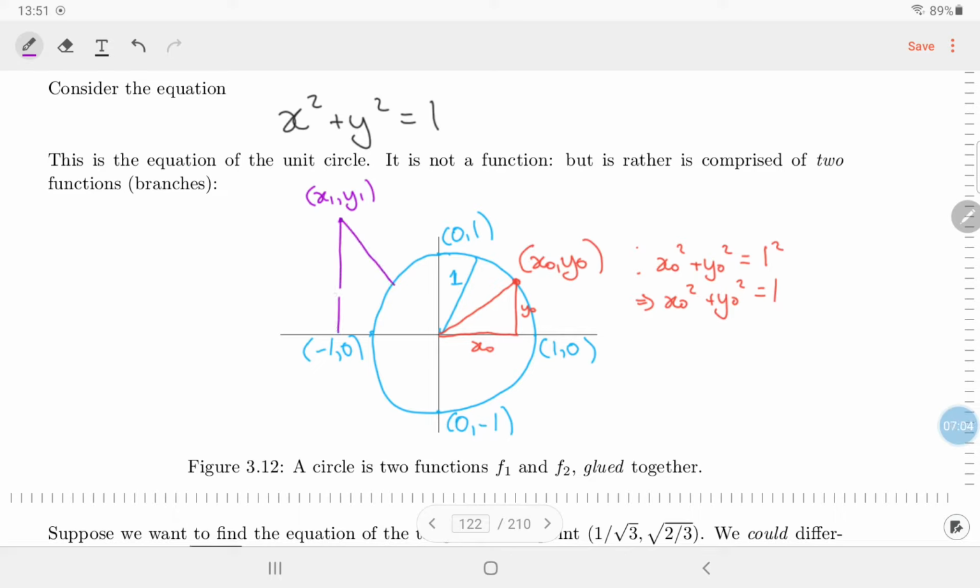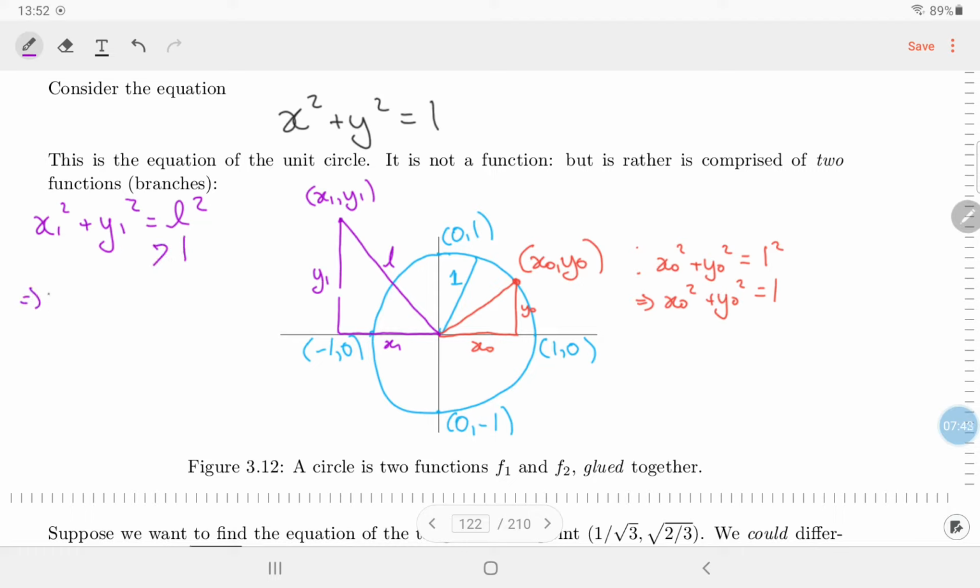So let's call this distance L. So we do Pythagoras here, we get the sum of the squares must be equal to L squared, but L is bigger than the radius of the circle. So L is bigger than 1, and so this is strictly speaking bigger than 1.